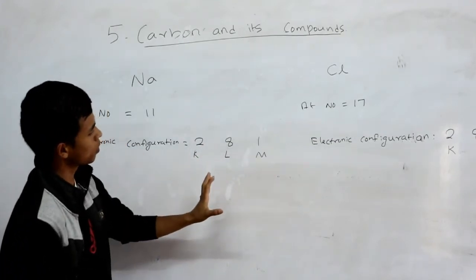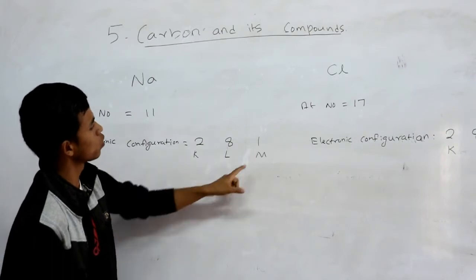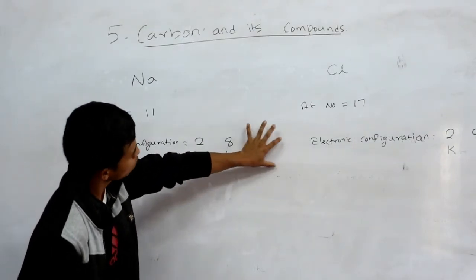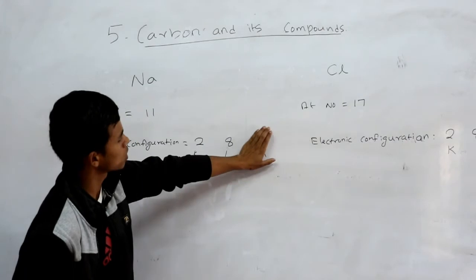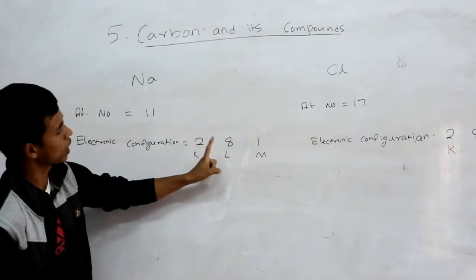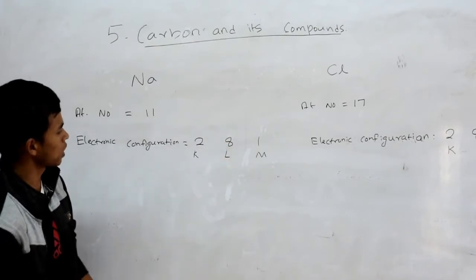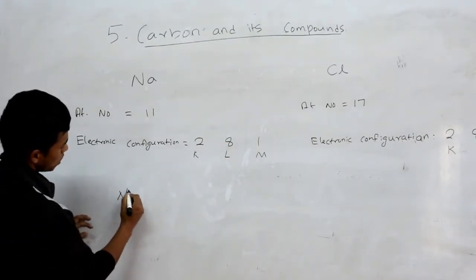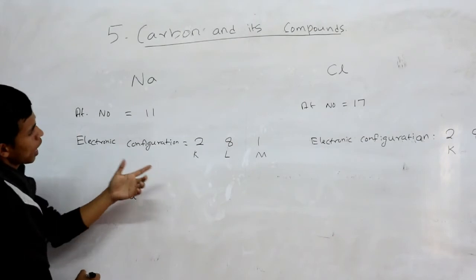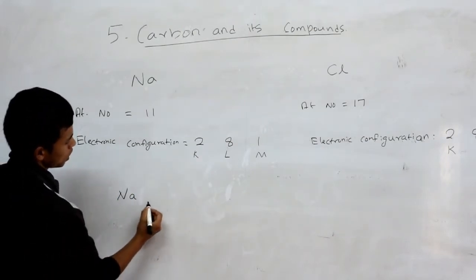Sodium has the tendency to lose electrons. If it loses this outermost electron, it will have 8 electrons in the valence shell, so the octet structure will be completed.